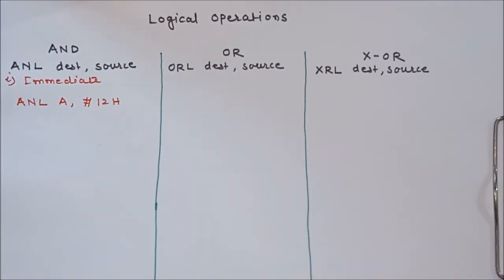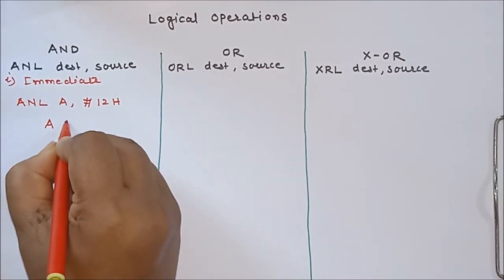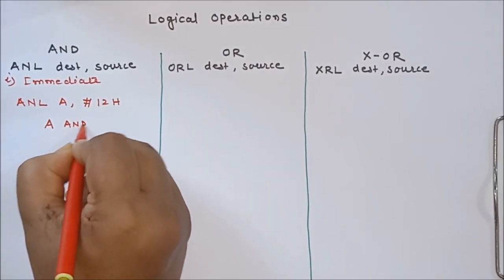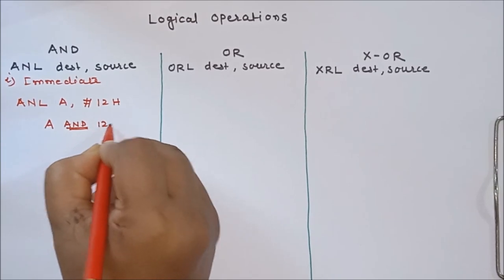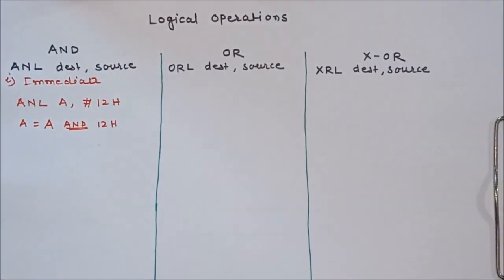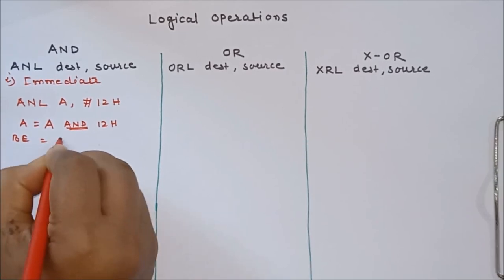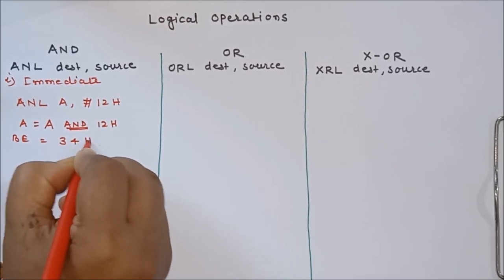So how are these operations performed? The microcontroller will AND the contents of the accumulator with the immediate number 12H, and the result will be stored back in the accumulator. Suppose before execution of the instruction, 34H is stored in the accumulator.